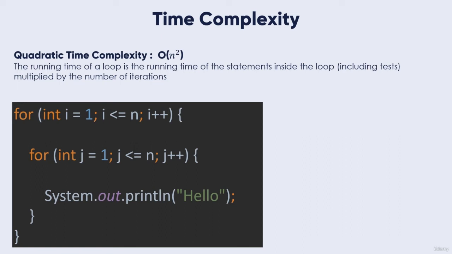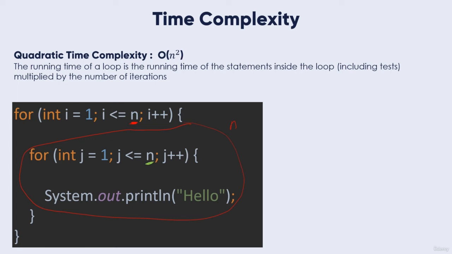We start from here. This is a loop running n times. Okay, put in your mind that we are going to loop through this red one n times. And we have here a for loop also running n times.